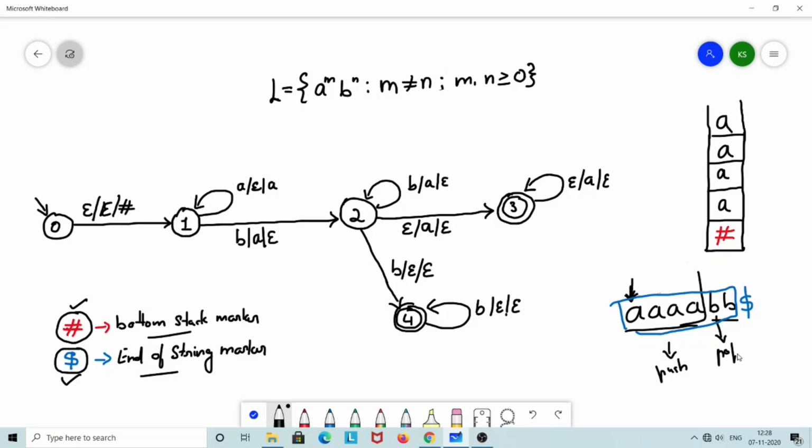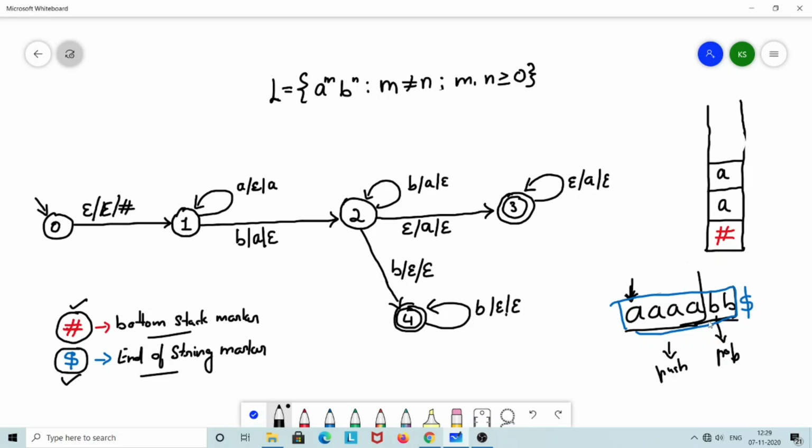For the first B, we pop this A out, and for the second B, I'll pop another A out. So this will be the content of the stack after reading 4 A's followed by 2 B's.